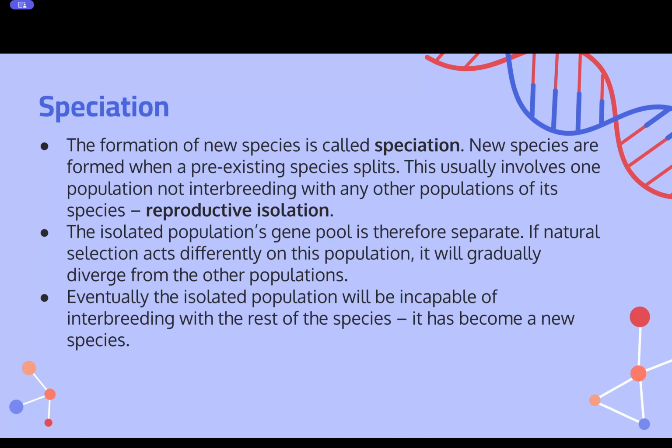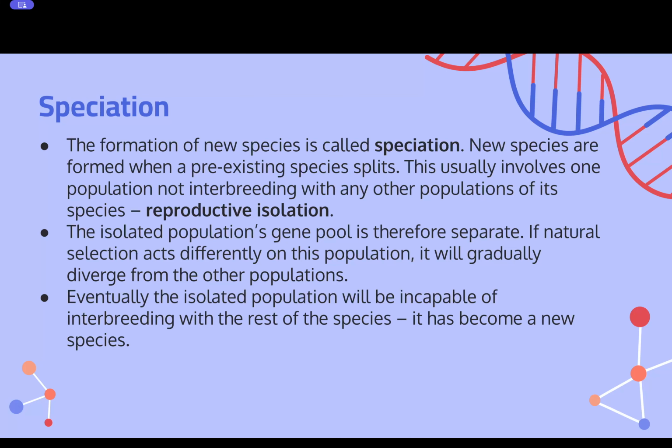This usually involves one population not interbreeding with any other populations, which is also known as reproductive isolation. If one population of a species interbreeds with the rest of the populations and one doesn't, for many reasons that I will go through, they'll just interbreed within themselves, which will narrow the gene pool, since they have only themselves to interbreed within and not the entire gene pool of the species.